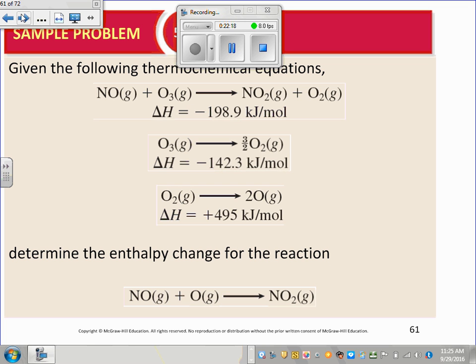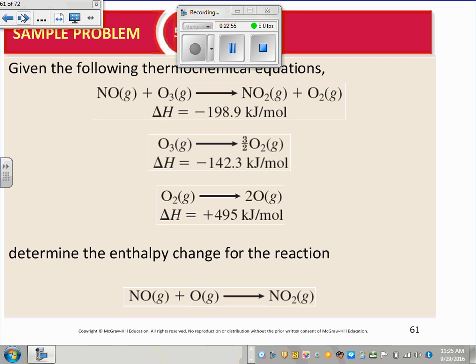One half O2, 3 halves O2. So there should be 1 O2. I'm missing an O2 somewhere. Oh, there was an O2 up here. There's the equation. So here I have 1 O2 plus a half O2, which is 3 halves O2. And these oxygens cancel out these oxygens. So I'm left with NO plus O goes to NO2, which is what I wanted.